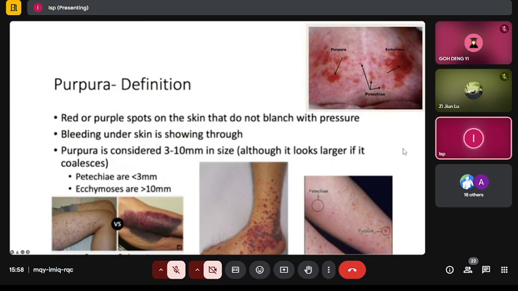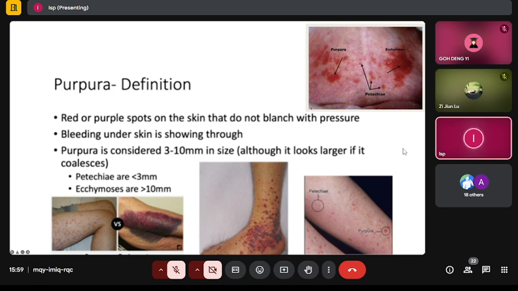Okay, so for examination, you want to look for evidence of bleeding. You need to know what superficial and deep bleeding are and how they present. So what is purpura? They are red or purple spots on the skin, bleeding in the dermis layer.